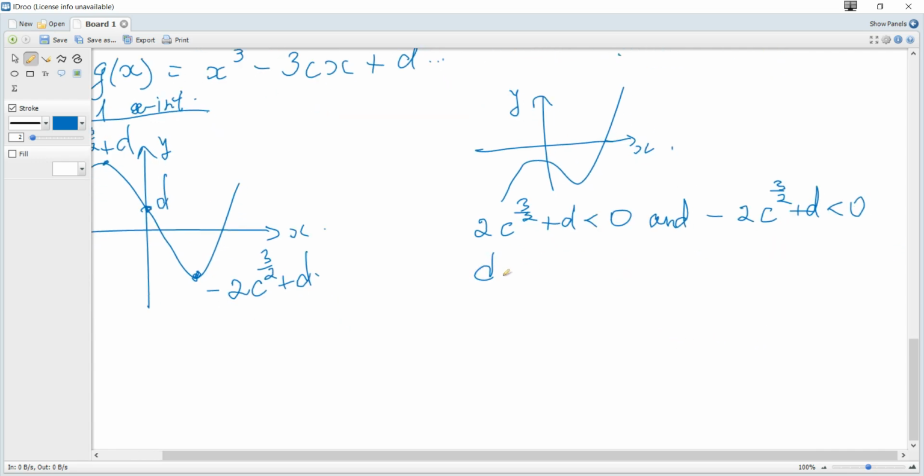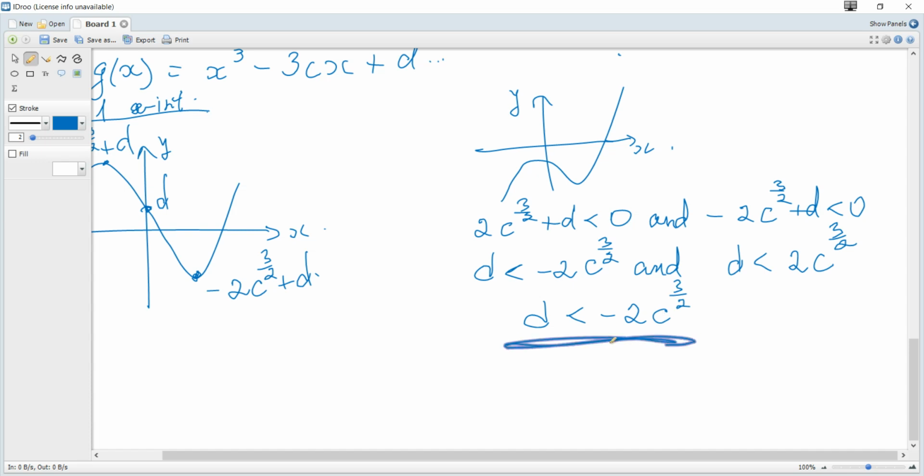Hence d is less than negative 2c to the power 3 over 2, and at the same time d is less than 2c to the power 3 over 2. And these two regions intersect when d is less than negative 2 multiplied by c to the power 3 over 2.